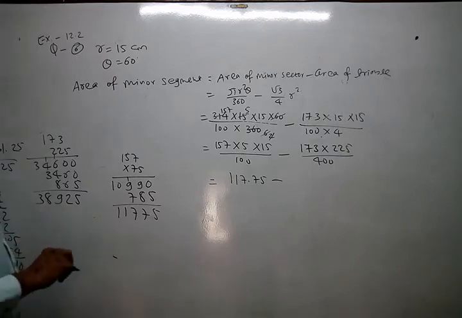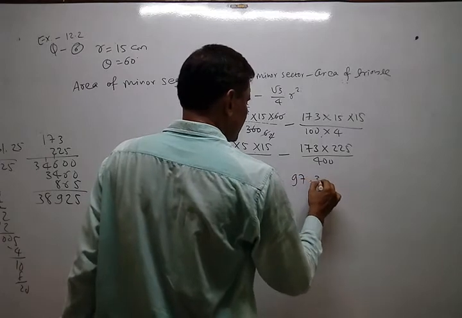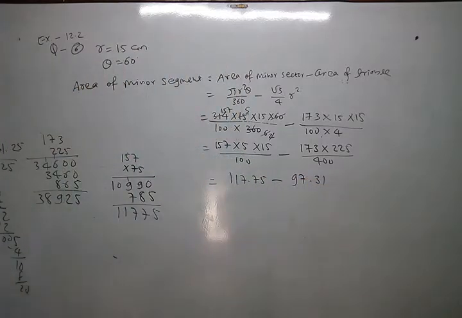So it is actually 9731.25, but still we have to divide by 100. Why? Because we just divide by 4. Okay. So it will be 97.31, like this. Now just because so many digits are not required after decimal.